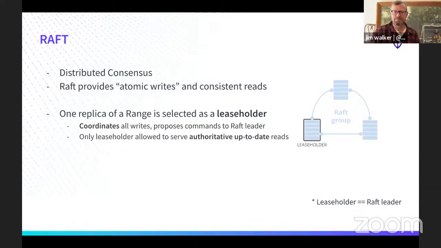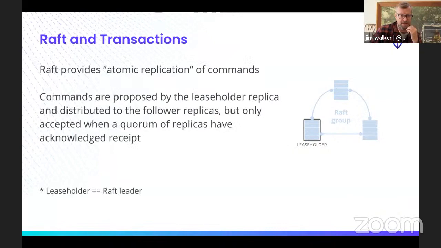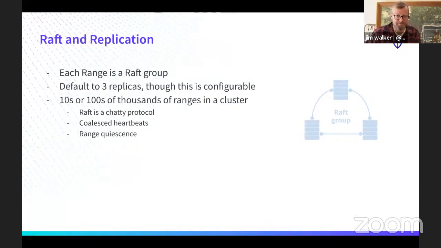It coordinates what's going to happen across the triplicate, and it's going to be the authoritative, up-to-date version of what's right. It's going to be the leader, if you will. When we write data, commands are proposed to the leaseholder, and then it drives how transactions are going to happen. I'm going to walk through an example of that in a little bit.